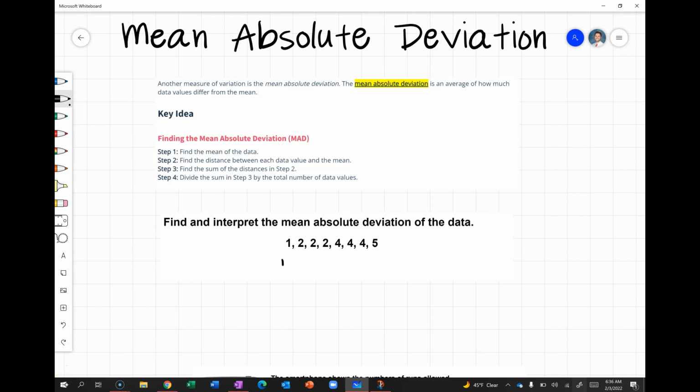So we would have 1 plus 2 plus 2 plus 2 plus 4 plus 4 plus 4 plus 5 divided by 8. Okay, that would be 3, 5, 7, 11, 15, 19, 24 divided by 8, which is 3. So our mean is going to be 3.